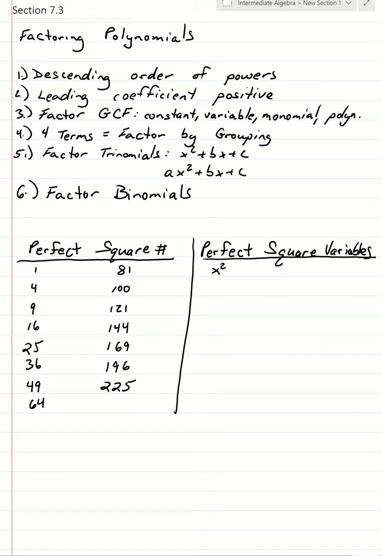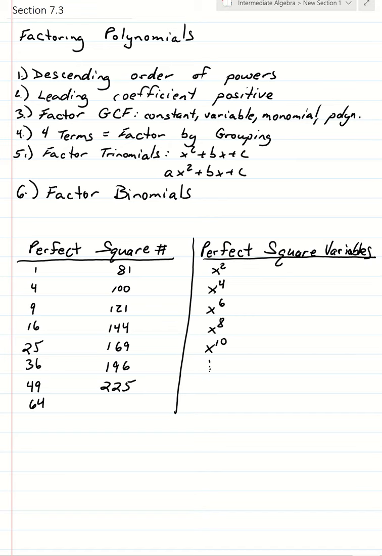X squared, that's a perfect square variable. How do we get it? We take x and square it. If I take x squared and square it, you get x to the fourth. If I take x cubed and square it, you would get x to the sixth. X to the eighth is another one. And then, of course, x to the 10th.